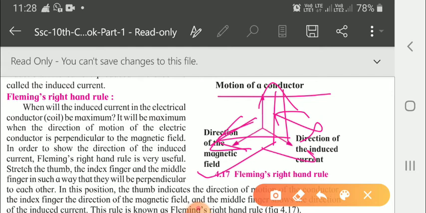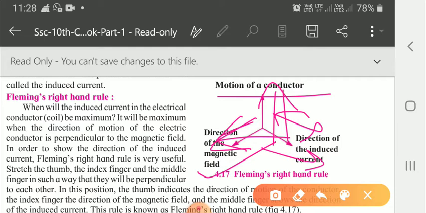We have to stretch the thumb, the index finger and the middle finger in such a way that they are perpendicular to each other. The thumb indicates the direction of motion of the conductor, the index finger the direction of magnetic field, and the middle finger shows the direction of induced current. This is known as Fleming's right hand rule.